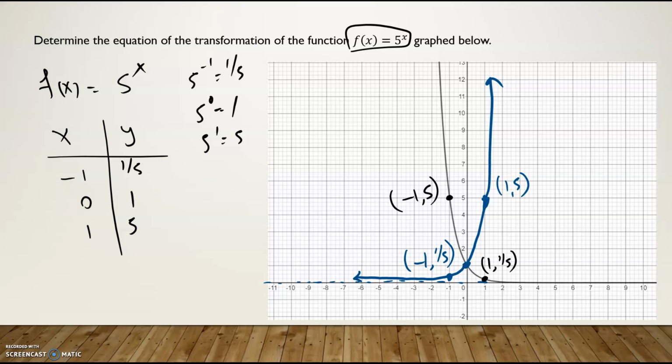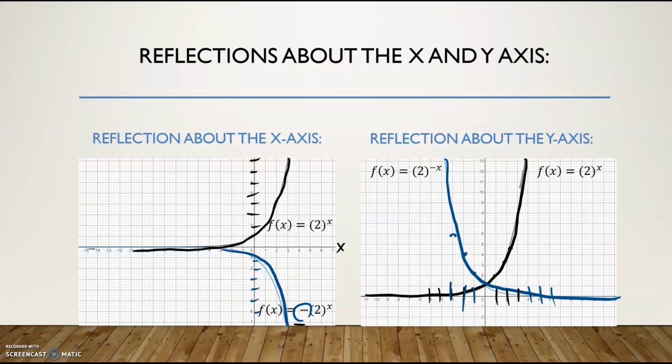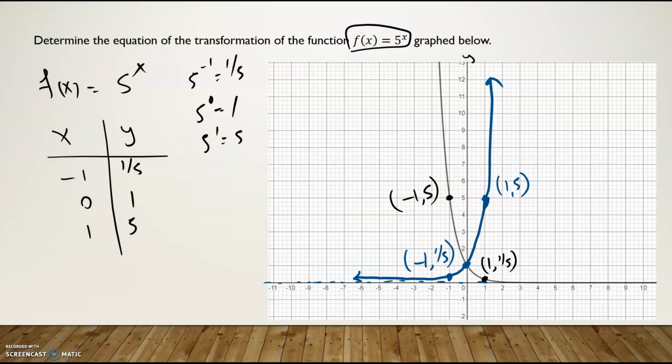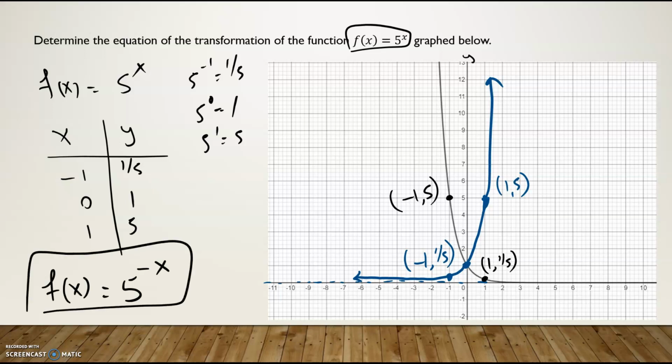Notice that our y values aren't changing, but our x values are changing. So it's also flipped across the y-axis. When it flips across the y-axis, it looks like we should have a negative in front of the x. So our function for this graph that they gave us is 5 raised to negative x, and that's it.